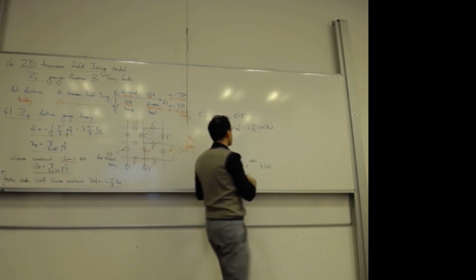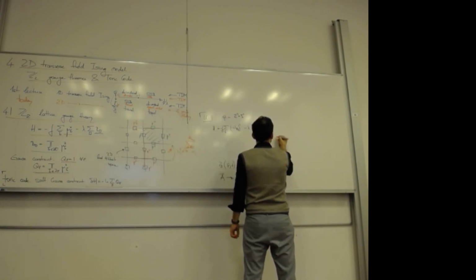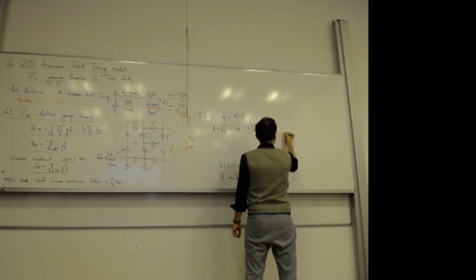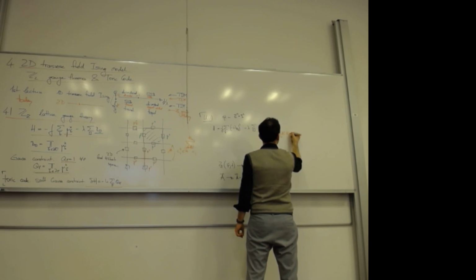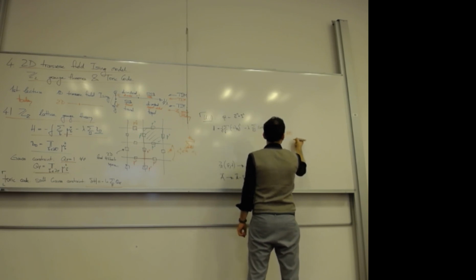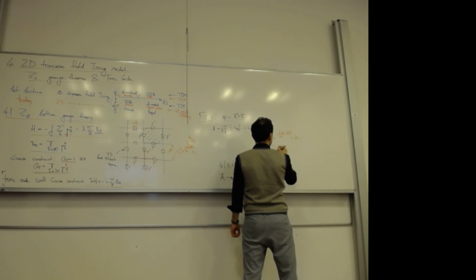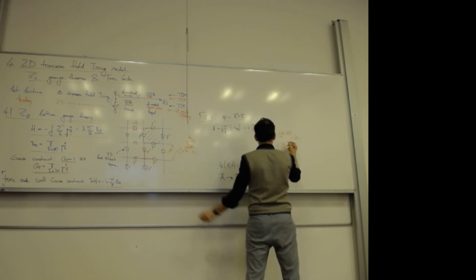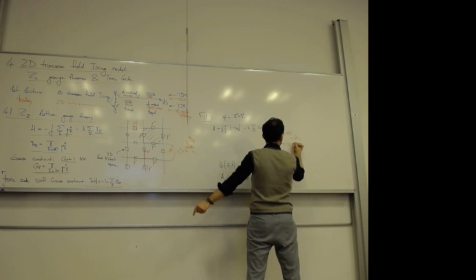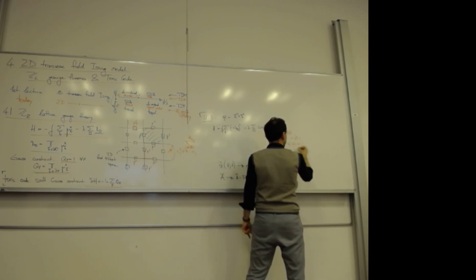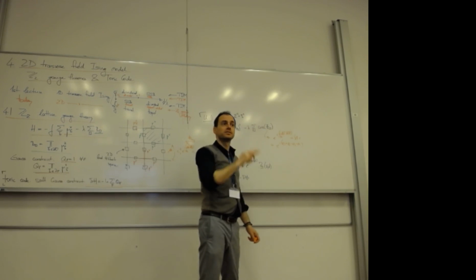Then, in the U1 case, this here is nothing but e to the i times the contour integral around a given plaquette of A dot dl, which is nothing but, in the classical case, e to the i (phi 1 plus phi 2 minus phi 3 minus phi 4), or something, going around it.